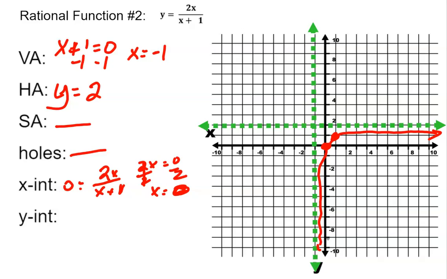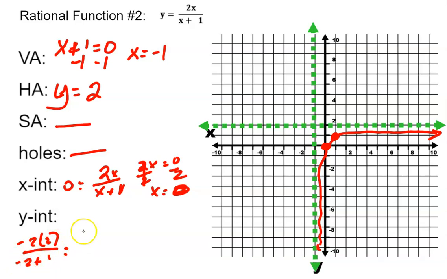So what about the left-hand side? To find the left-hand side, I'm going to choose x values. Again, since I have the vertical asymptote at -1, I'm going to put -2 in for x. So if I put -2 in for x, I have -2 times 2 divided by -2 plus 1.